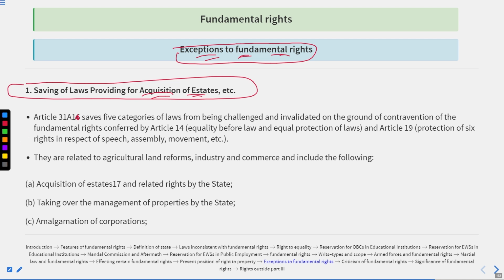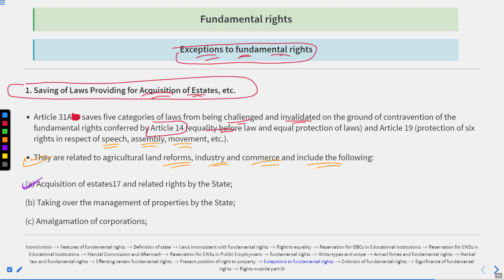So we can say Article 31A saves five categories of laws from being challenged and invalidated on the grounds of contravention of the fundamental rights conferred by Article 14, like equality before law and equal protection of law, and Article 19, like the protection of six rights in respect of speech, assembly, movement, etc. They are related to agricultural land reforms, industry, commerce, and they include the following.